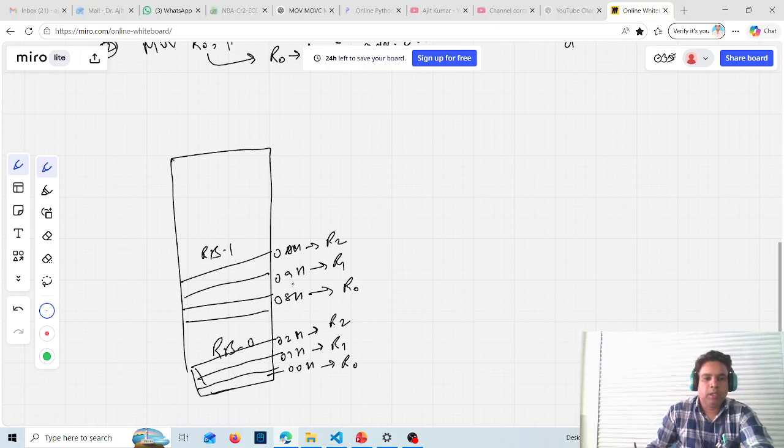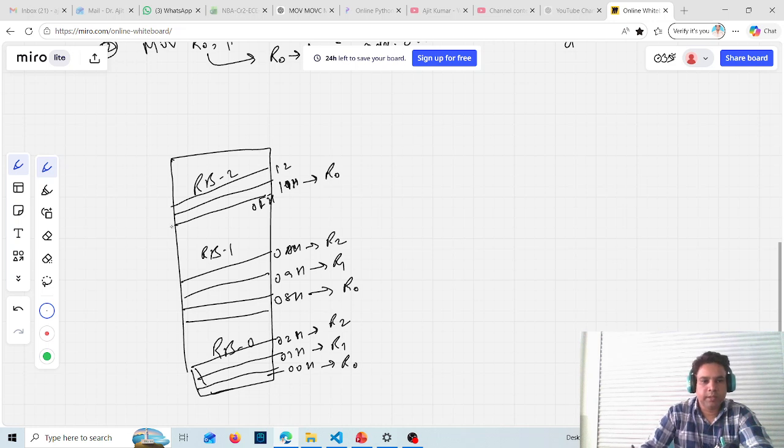And this is again applicable to register bank 2 also. So register bank 1's last address is 0FH, and the starting address of register bank 2 is 10H. This will be assigned again to the R0 register. Then the next address, 18 in decimal... sorry, actually it is 16 in decimal.